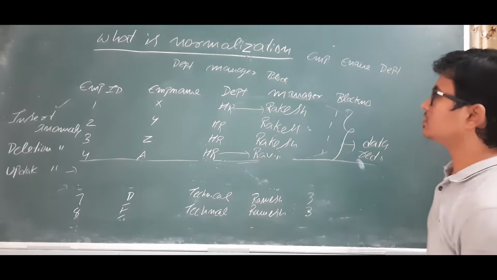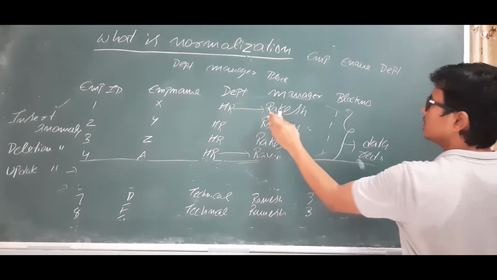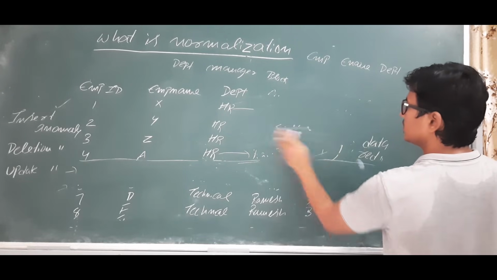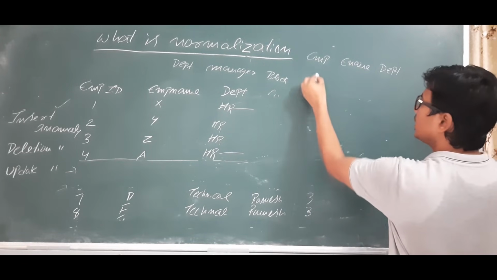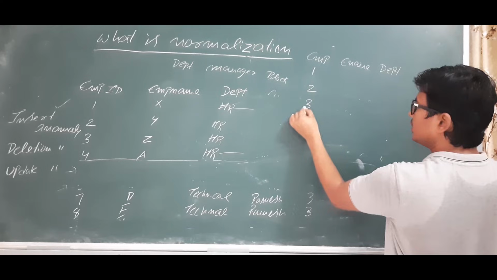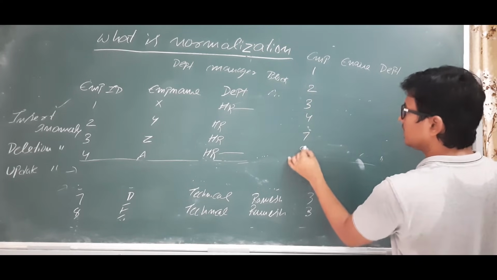Now how will it look? I will erase this part so that you can understand. Employee IDs are 1, 2, 3, 4, 7, 8.